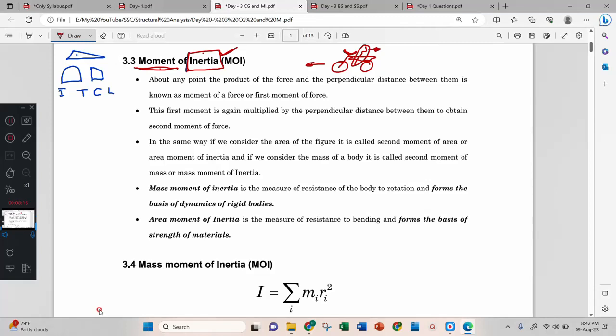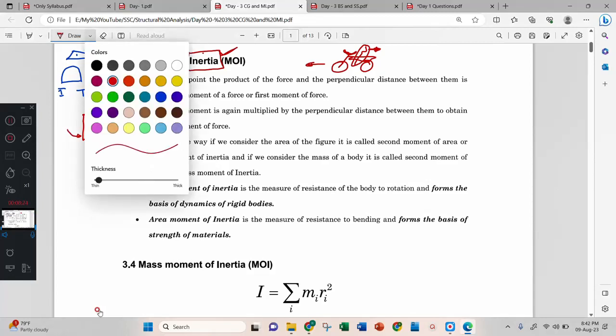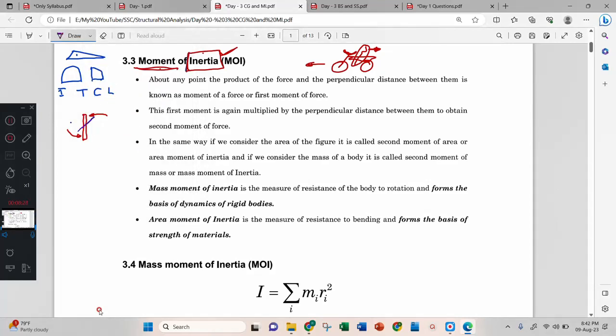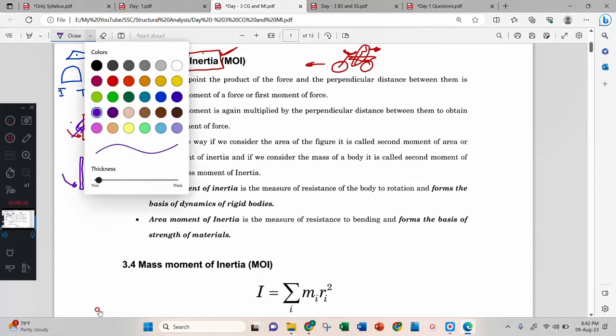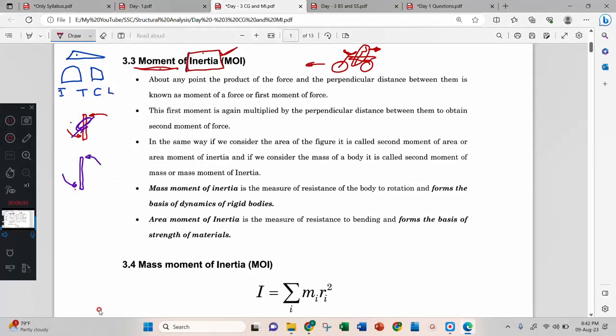Let us consider this is one plane. If I apply some force here and some force here, then that plane will rotate like this. Sorry, the other way. Let us consider this is a plane, and if I apply one moment here and one moment here, or some rotational force, then this will rotate like this, correct?